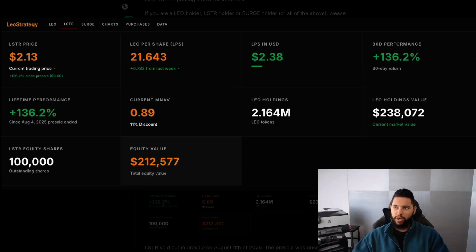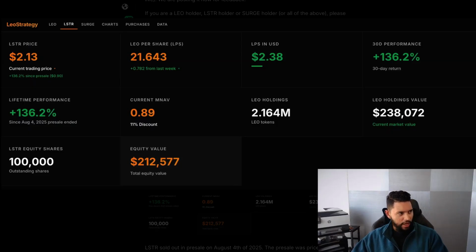Most treasury companies, or strategy companies, whatever you want to call them, trade at a premium to NAV. So I'm just pulling up bitcointreasuries.org... bitcointreasuries.net and Strategy. Oh, I gotta log in. Hold on, I forgot that they do this thing where you gotta log in in order to see the NAV. All right, I'm logged in.